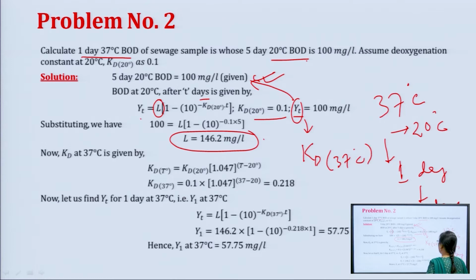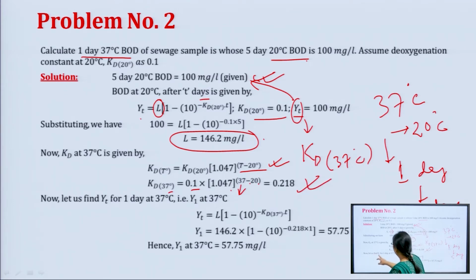For that we already have the equation: Kd at T degree centigrade equal to Kd at 20° centigrade into 1.047 to the power T minus 20. So, Kd at 37° centigrade will be 0.1 into 1.047 to the power 37 minus 20, which works out to be 0.216.